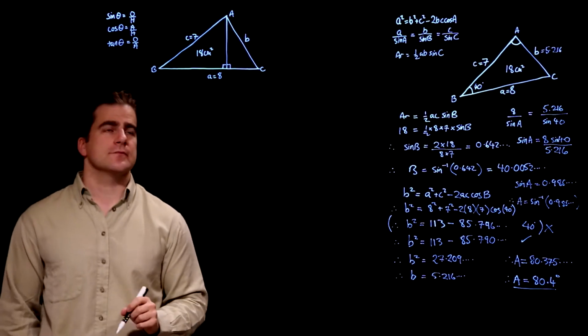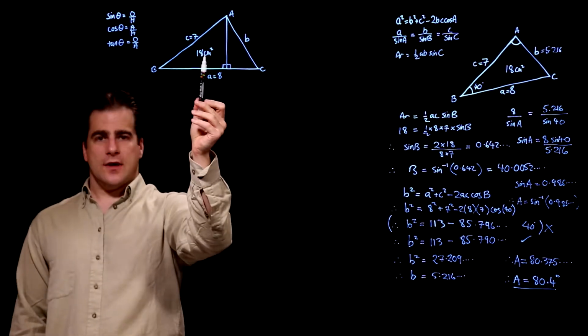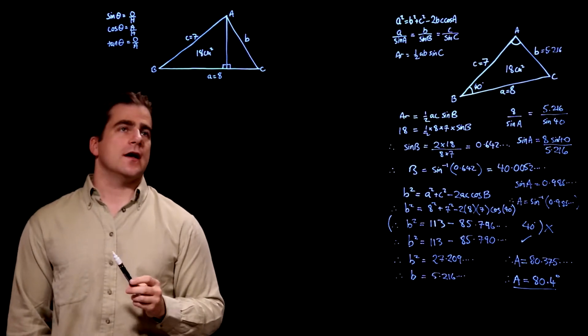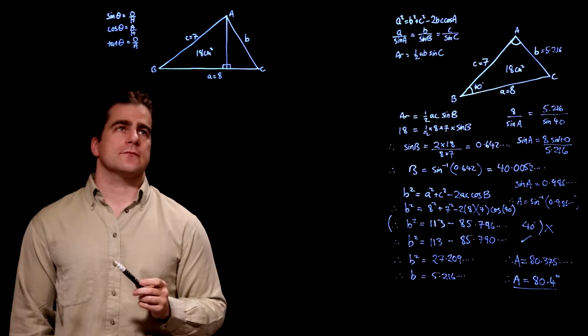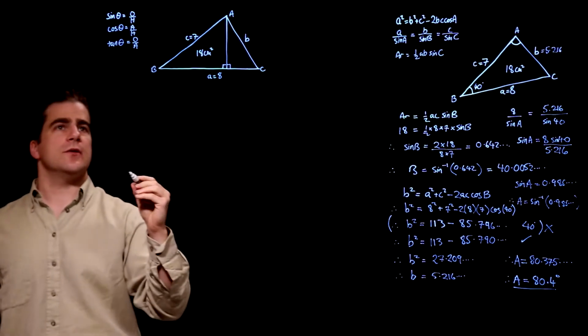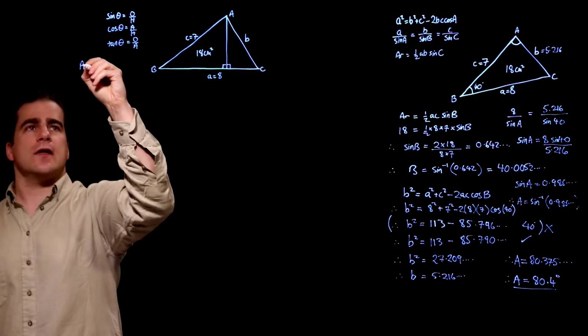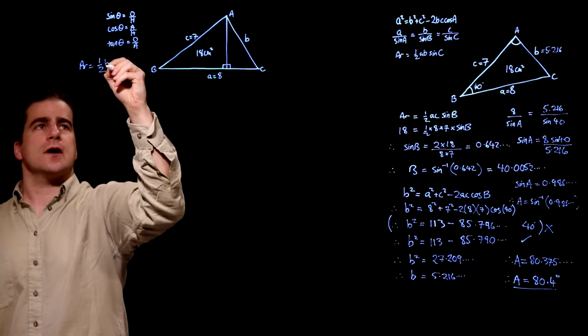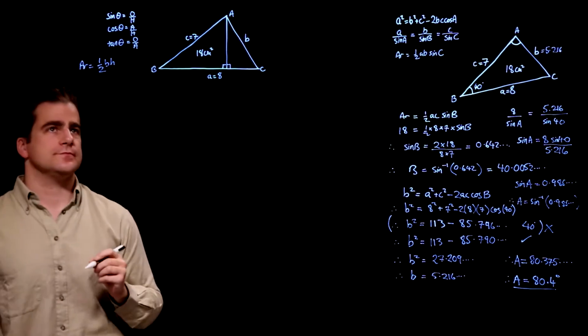Because now we have the area, we still know the area of course, and we know the base of the triangle. And we can use the equation that the area is half base times height.